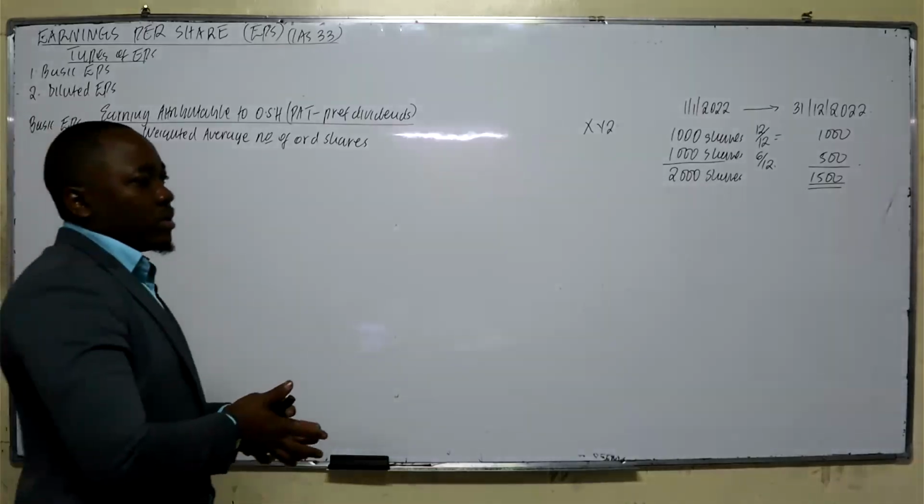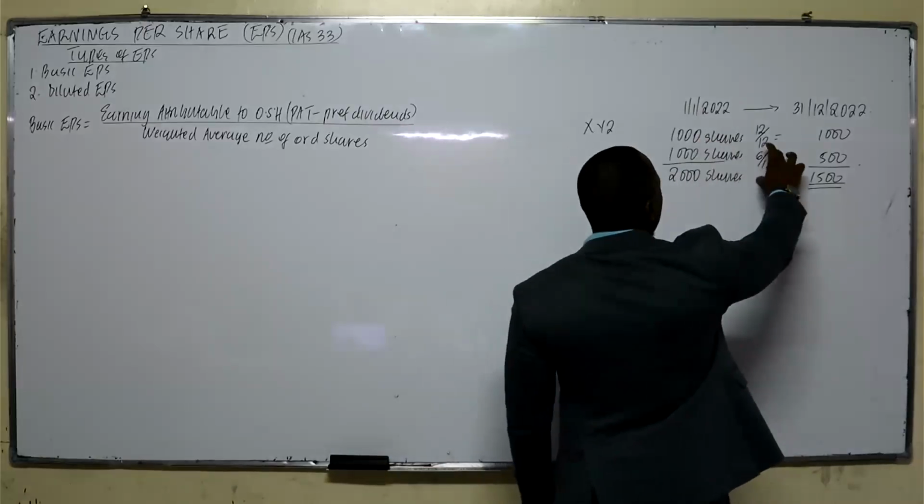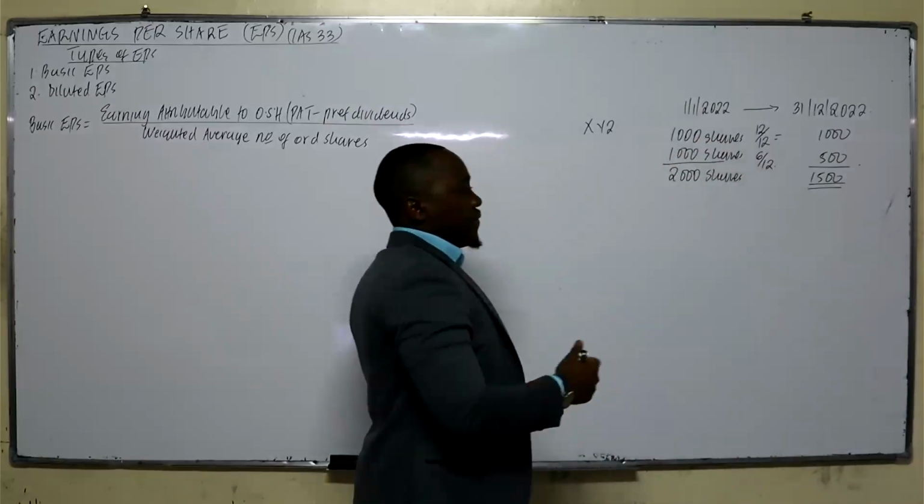Yeah, so this is what we mean. You take the number of shares issued during the period, then you multiply by the time weighting factor.